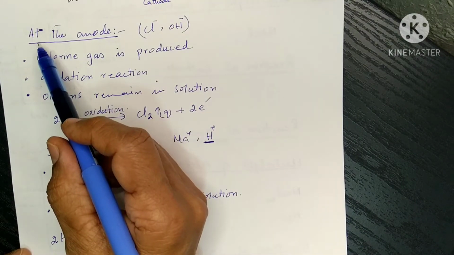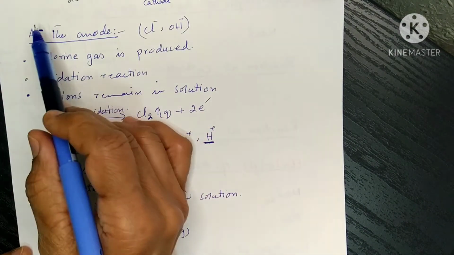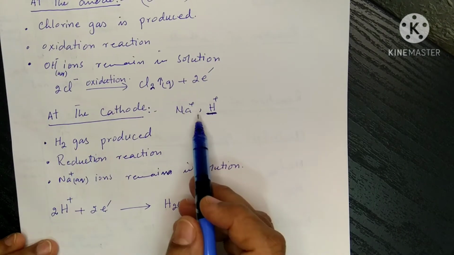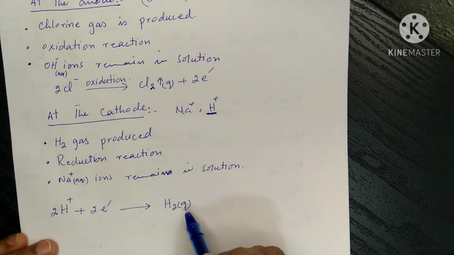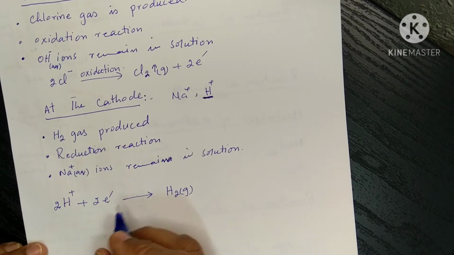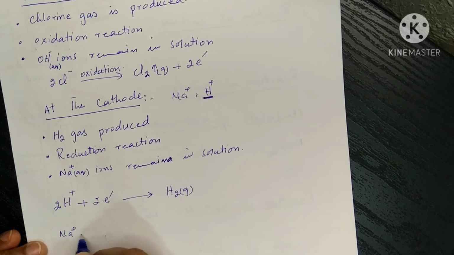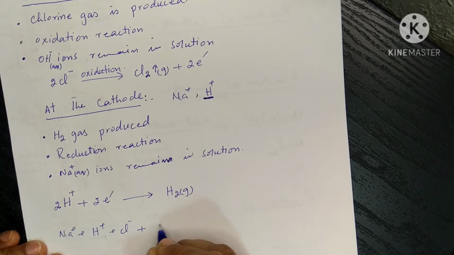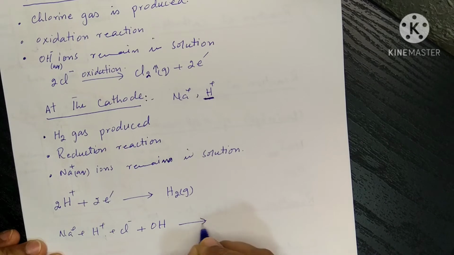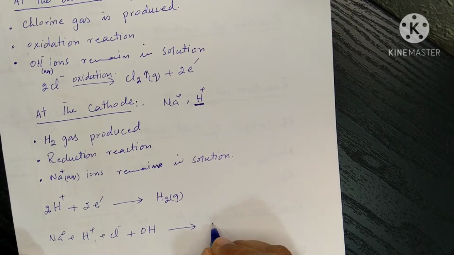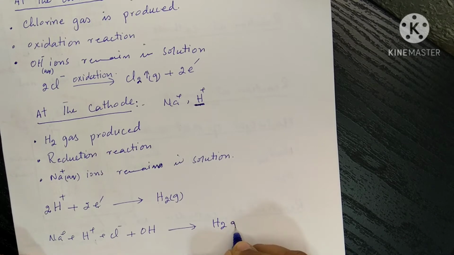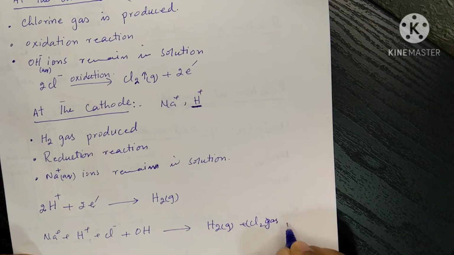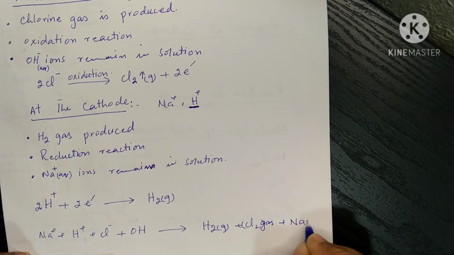So in the above reaction, at the anode, chlorine gas is produced and hydroxide ions remain in the solution, and at the cathode hydrogen gas is produced and sodium ions remain in the solution. And the overall reaction we can write like this: sodium ion plus hydrogen ion plus chloride ion plus hydroxide ions, and we will get hydrogen gas, chlorine gas, and sodium hydroxide.